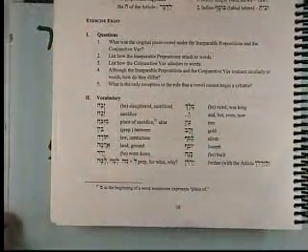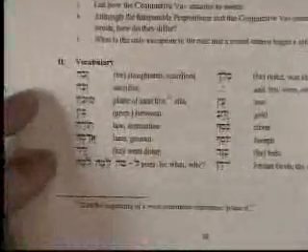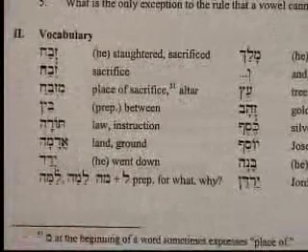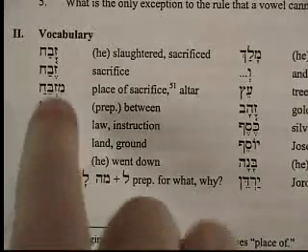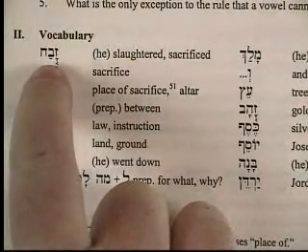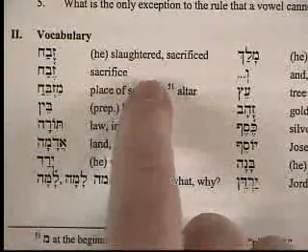So turn with me in your chapters to your vocabulary. With your chapter 8 vocabulary, we have Zavach. Zavach, he slaughtered or sacrificed.